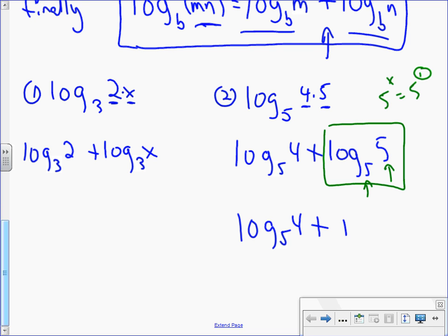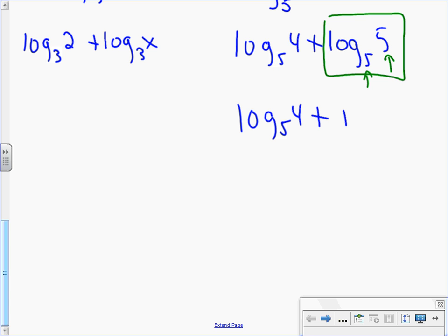Another little comment: when you learn something new, there's a lot of notation to learn, a lot of getting used to how to write things. This is considered confusing because someone might not understand, is it the log of 4 or is it the log of 4 plus 1? Can you see how somebody might not know the difference? Okay, so you need to do one of two things. You either need to put parentheses around that whole log, or you need to move the 1 out into the front.